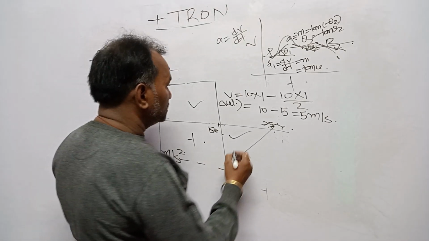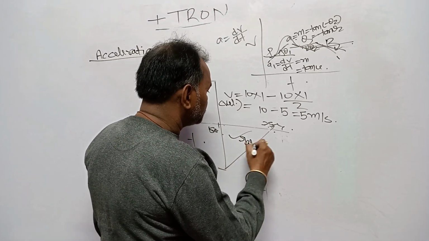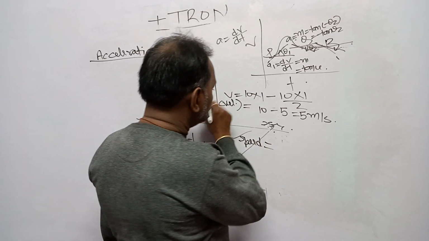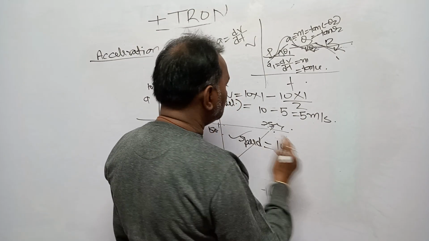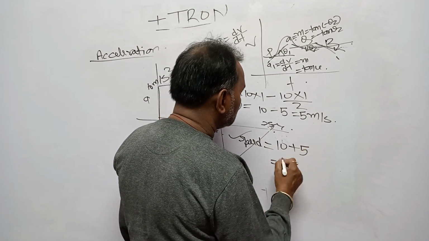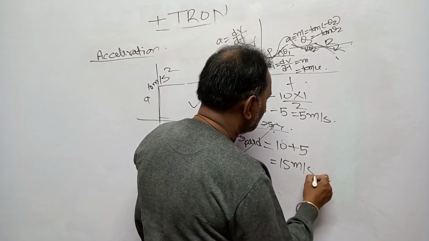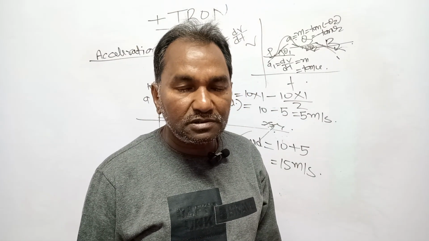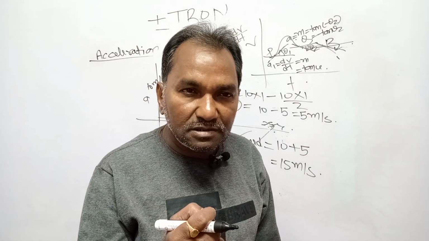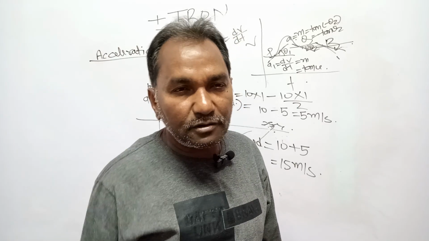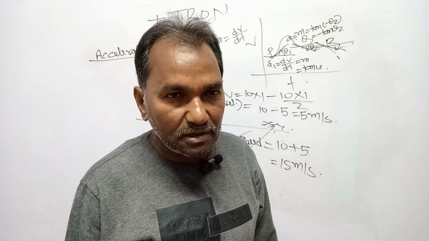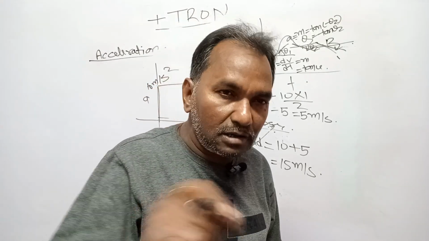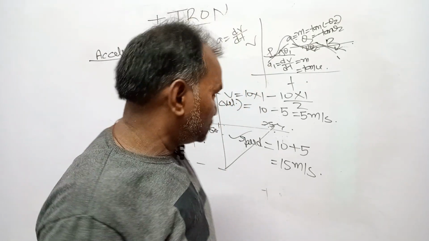Now, dear student, speed will be: this area is 10 and this area is 5, take plus 5, so this is 15 meter per second. The one inequality you should know: the distance is either greater than or equal to the displacement. In a similar way, speed is either greater than or equal to the velocity.